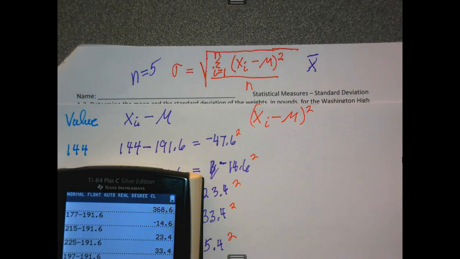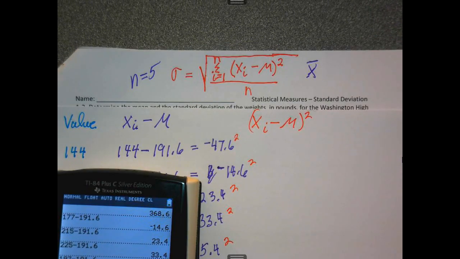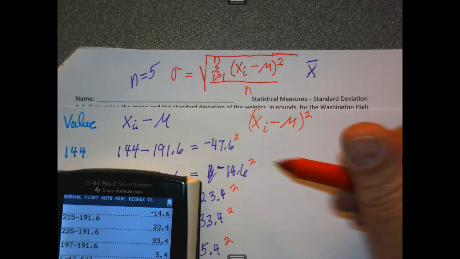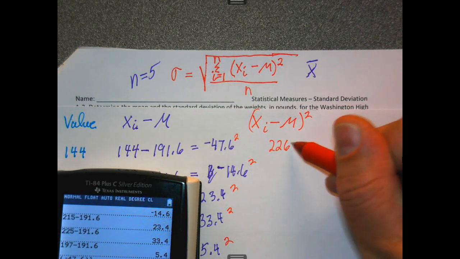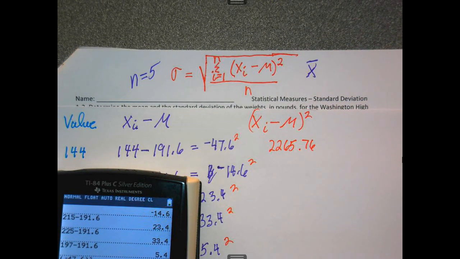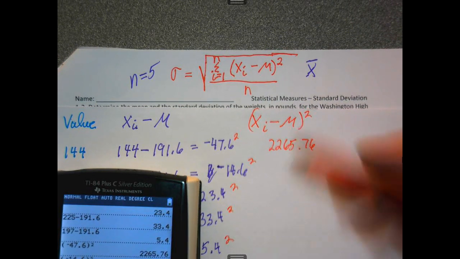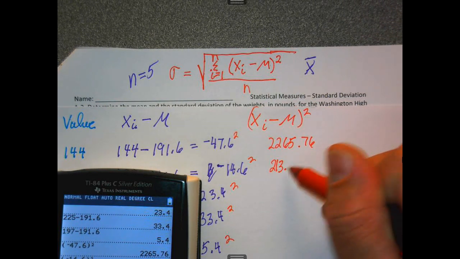Negative 47.6 squared, 2265.76. Yes, this is a lot of work, and that's why a lot of you used spreadsheets because it's a whole lot less work. 213.18.